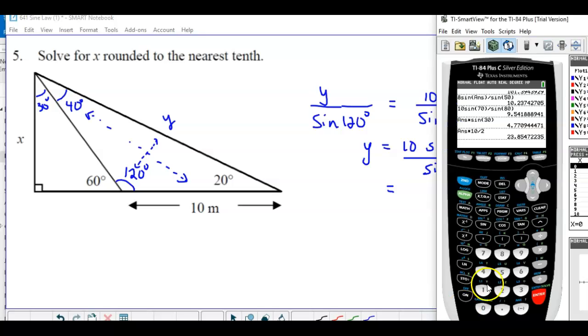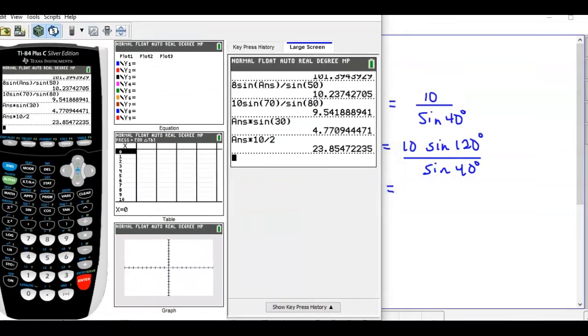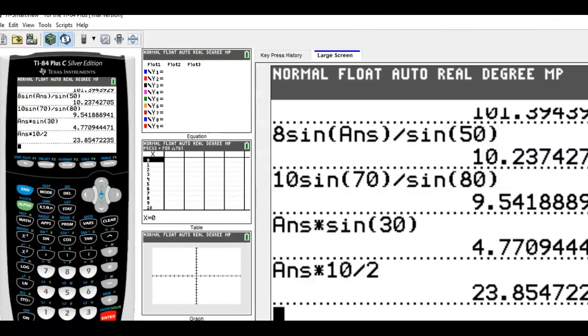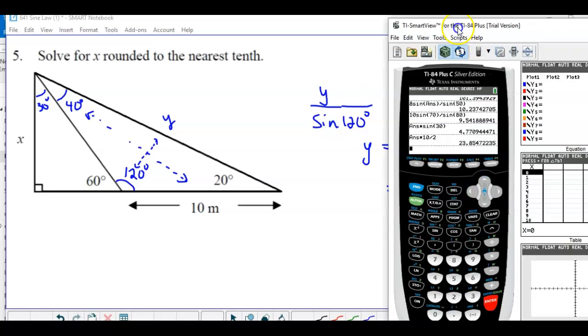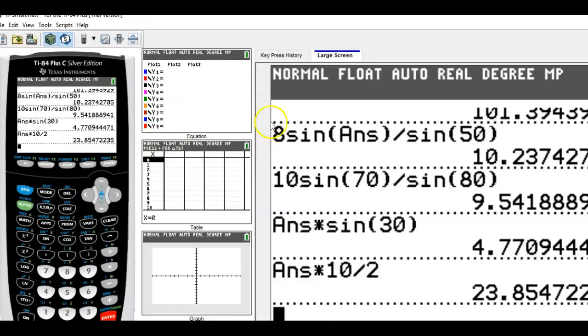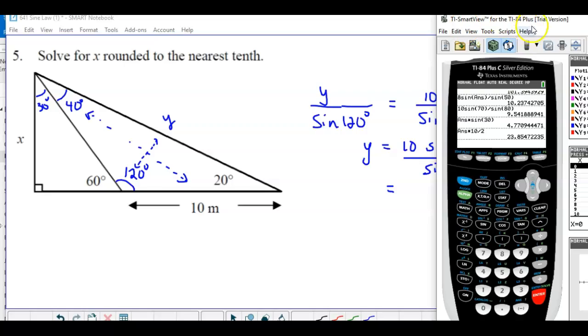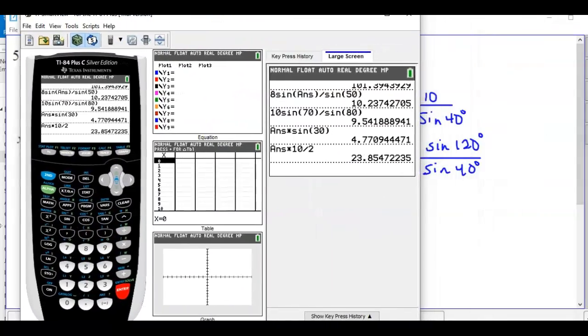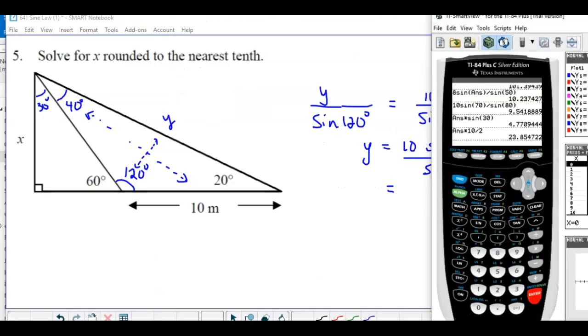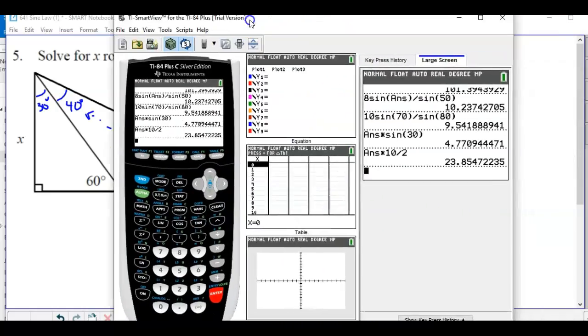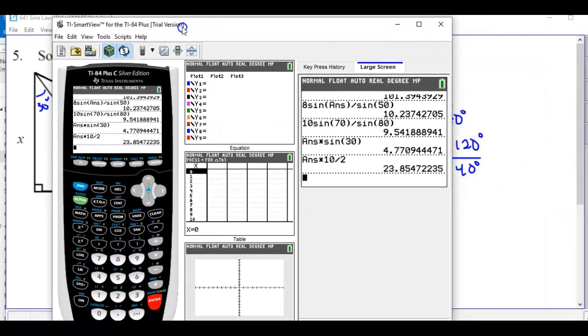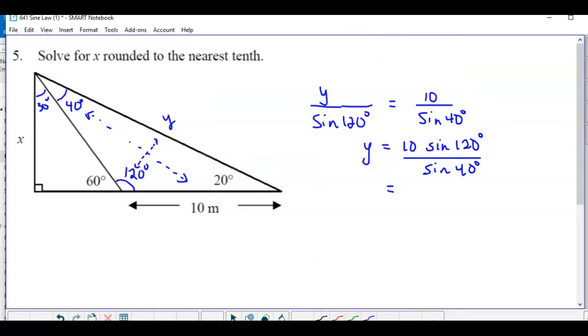Okay, and calculator out. Sorry. Okay, maybe I'll just leave it like that. It is 10 sine 120.